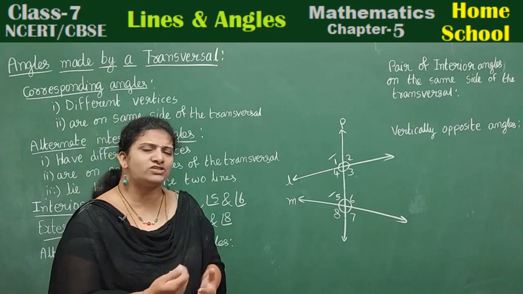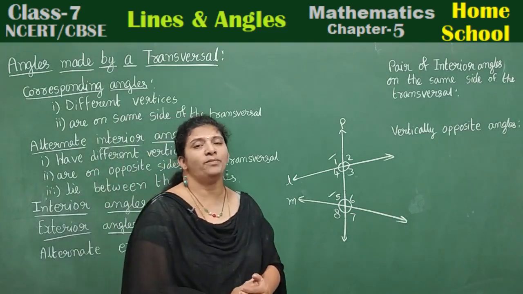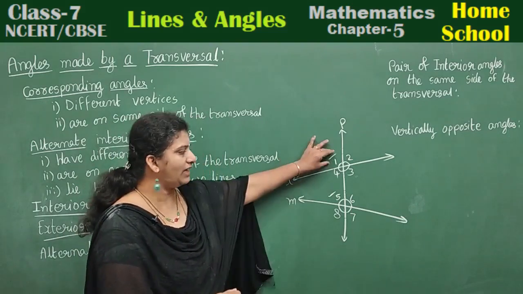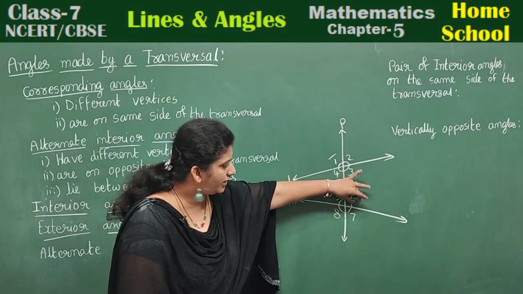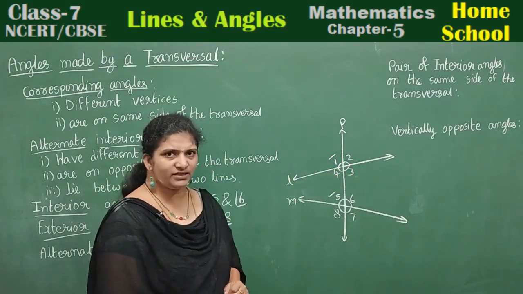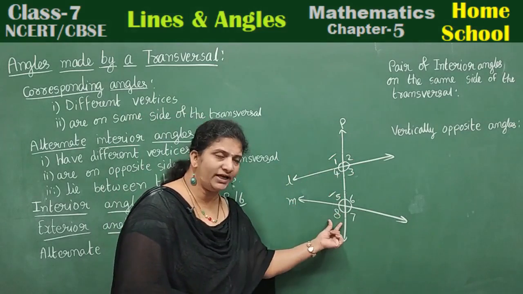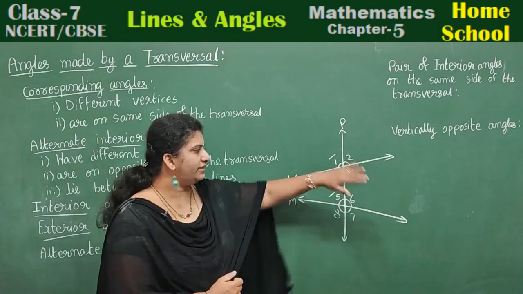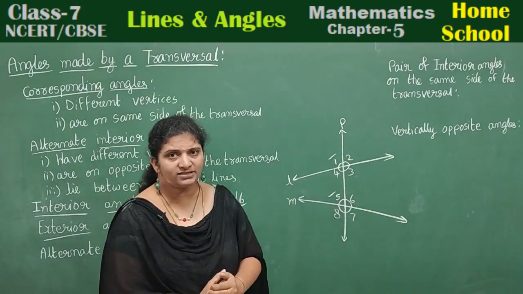How many pairs of corresponding angles are there? There are 4 pairs of corresponding angles. Identify here: angle 1, angle 5. Angle 2 corresponding to angle 6. That's it? No. Angle 4 corresponding to angle 8. Angle 3 corresponding to angle 7. These 4 are interior angles and these 4 are exterior angles.